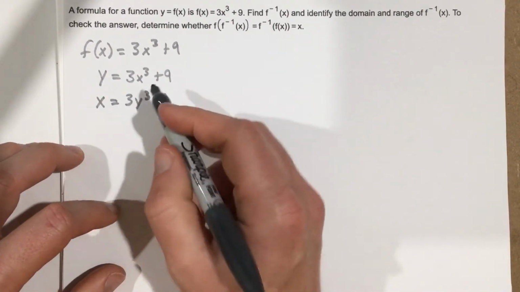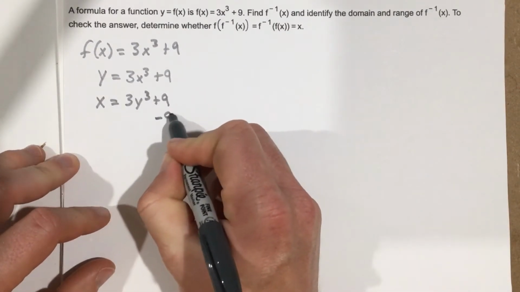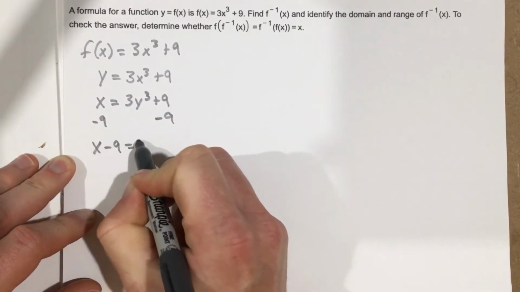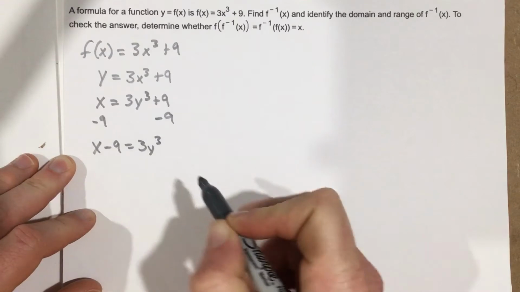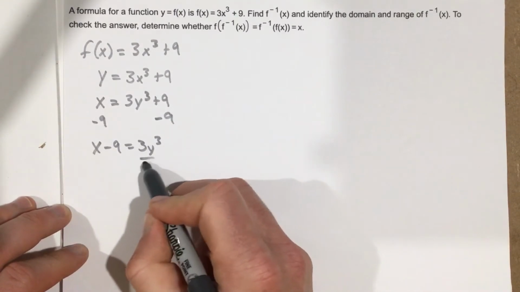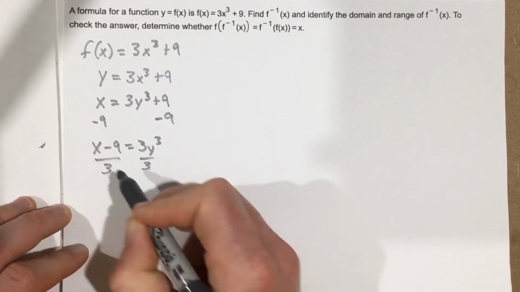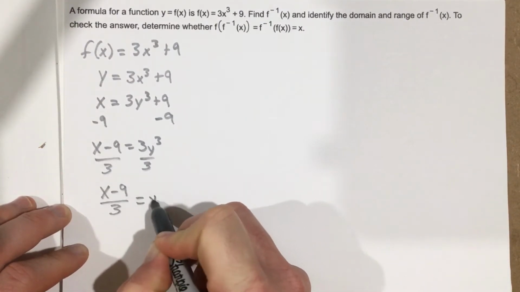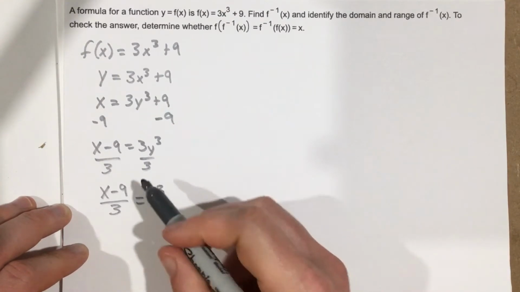So we want to subtract 9 from each side, and we get x minus 9 equals 3y cubed. Then we want to divide by 3 on each side. We get x minus 9 divided by 3 equals y cubed. And finally, we want to cube root each side.